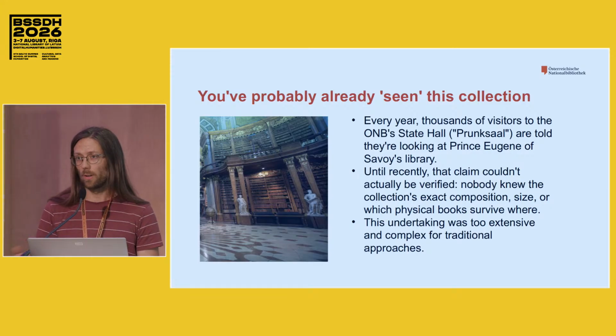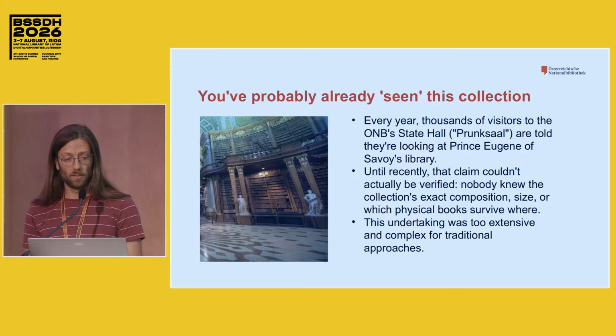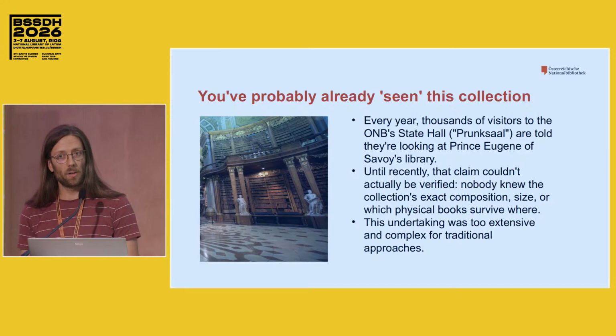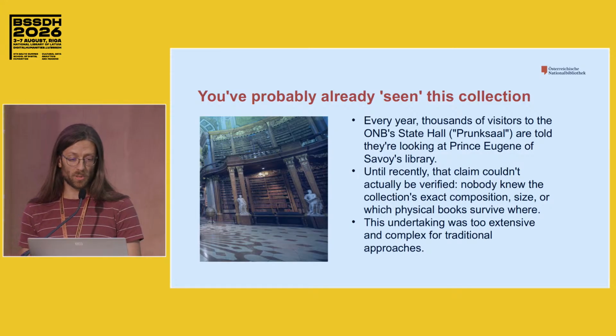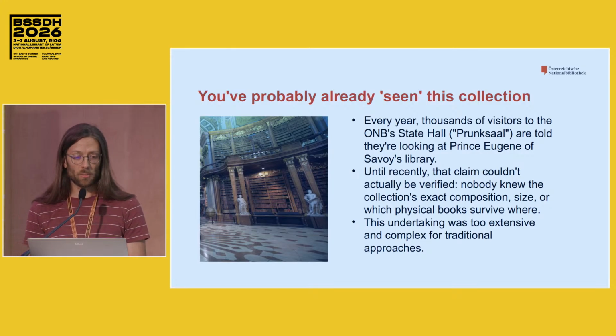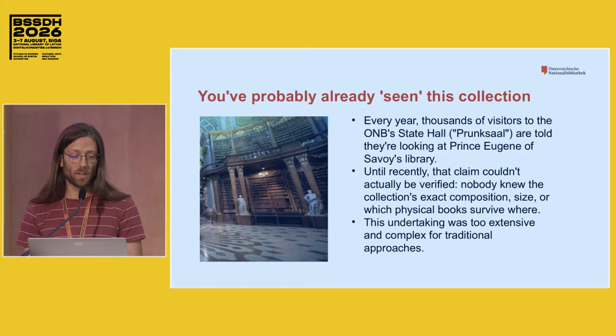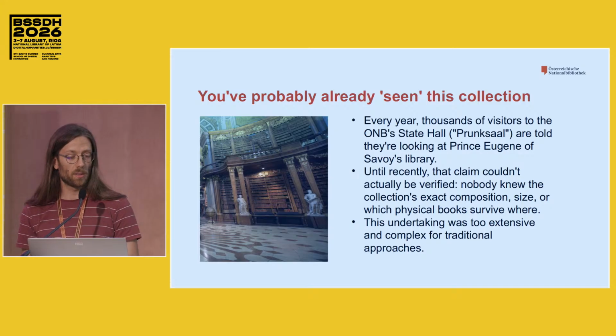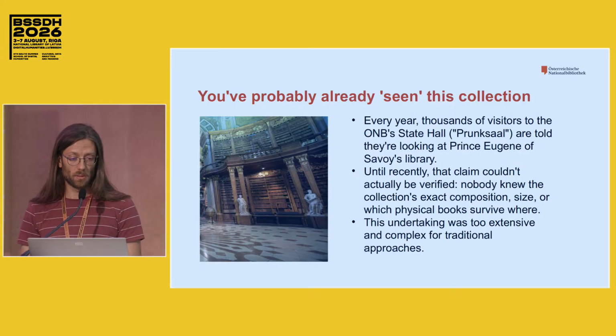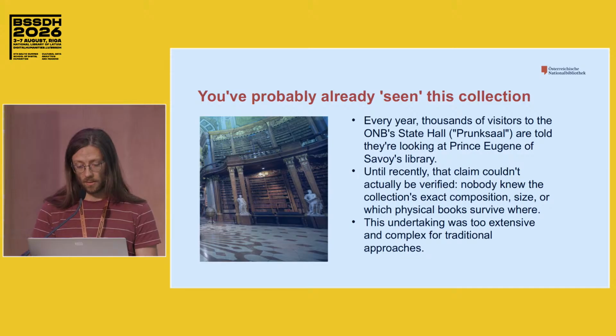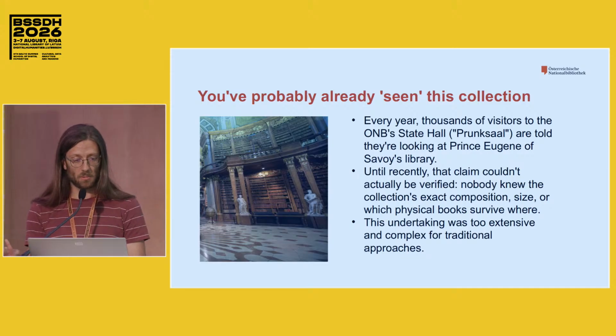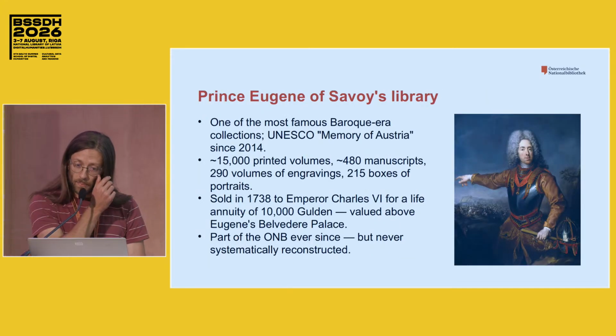So by now it was not clear which books were where and where Prince Eugene's books were. And in general, because there are so many books in the State Hall, it's too complex and too extensive for one person to order this whole thing and to gain insights into it.